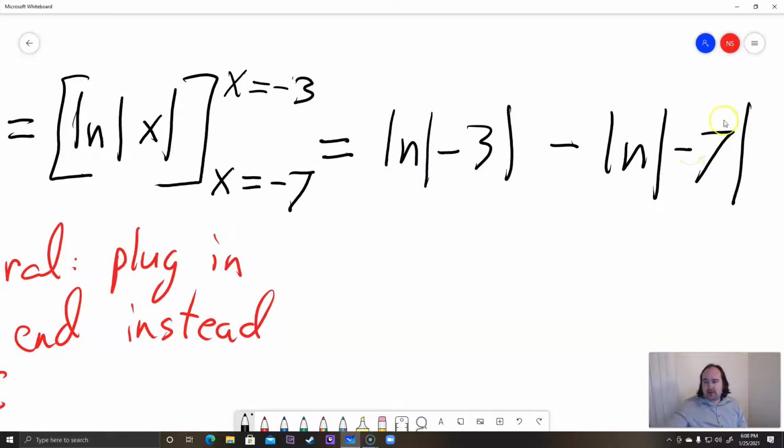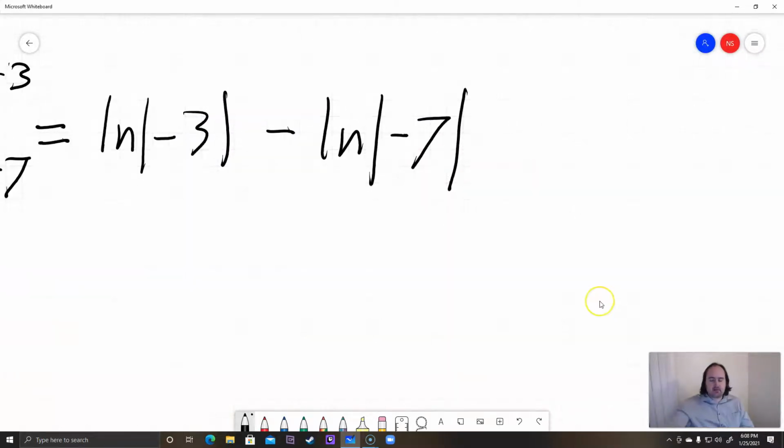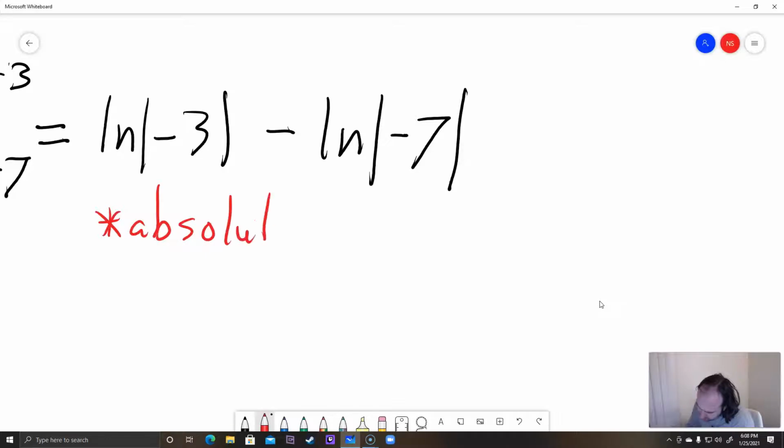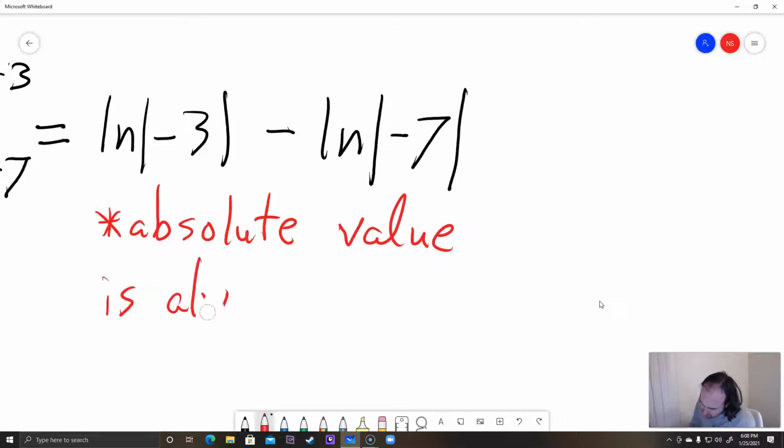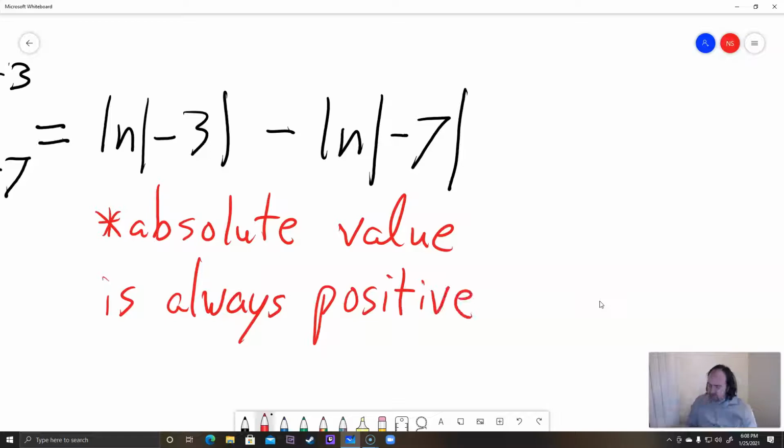But this absolute value changes the sign of negative numbers and makes them positive. Absolute value is always positive. And that's why they write that absolute value in the integral formula, because otherwise we would get undefined here.